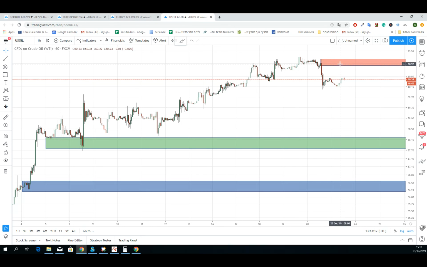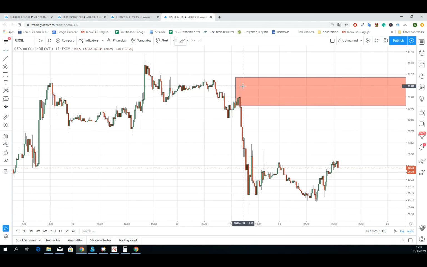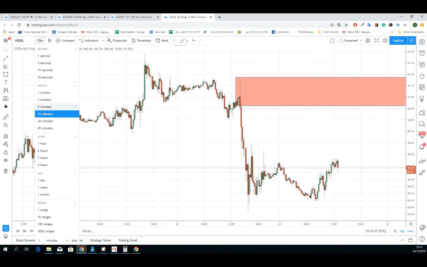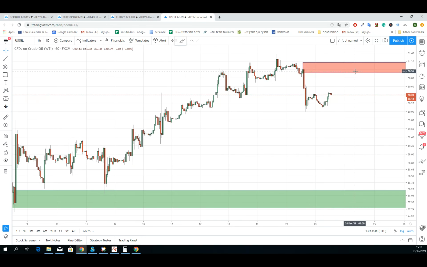This supply above was just created the day before. If we take it to the 15 minutes, we can see it much better. You see how the price dropped from that level very fast and strong, and now the price is struggling to go up and visit and check this supply again. If that happens, of course, I will consider selling at this level.